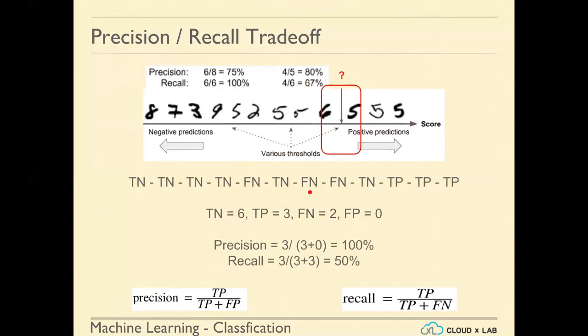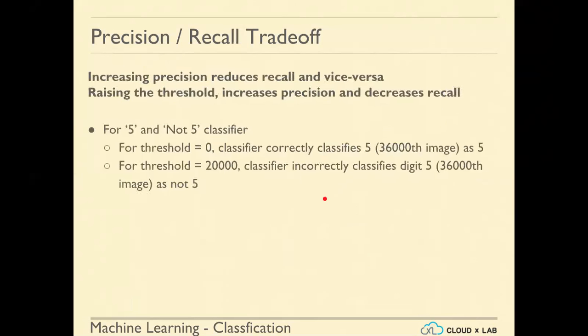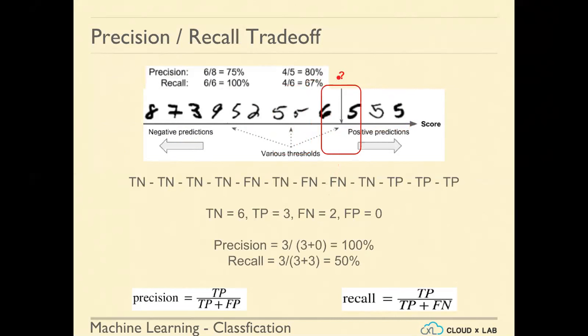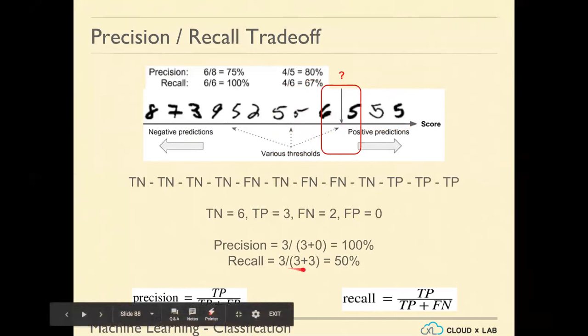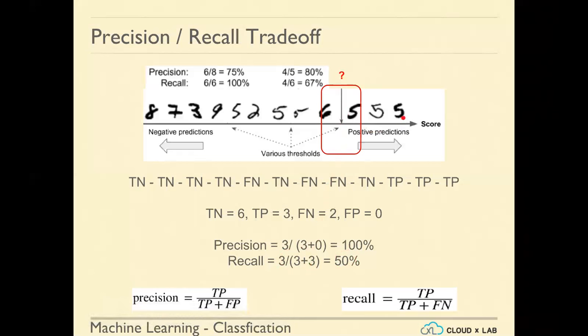We did the computation last time, and I think all of you answered well. The precision would become 100%, but the recall rate would go down, because all of the 5s that have been identified are correct.